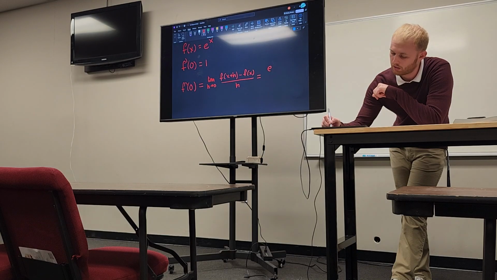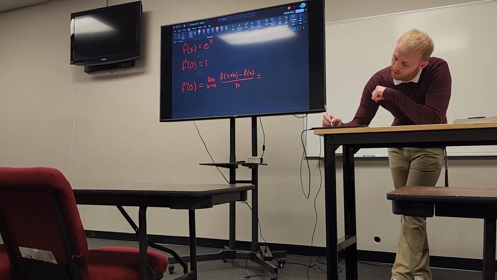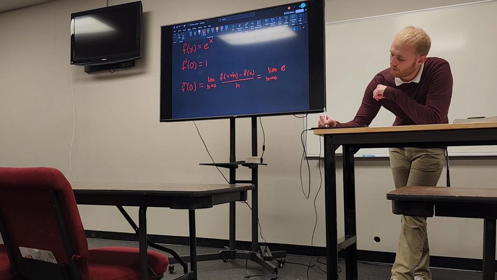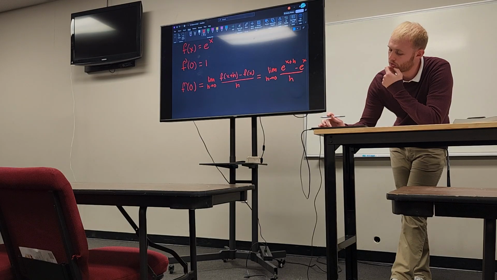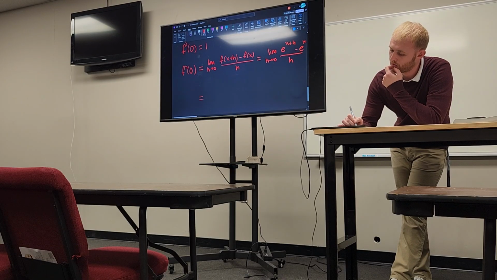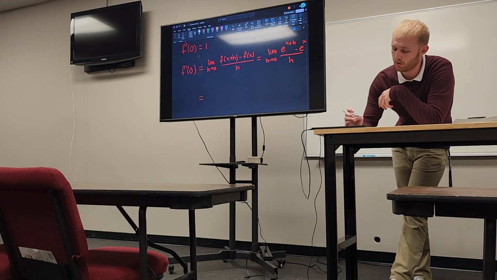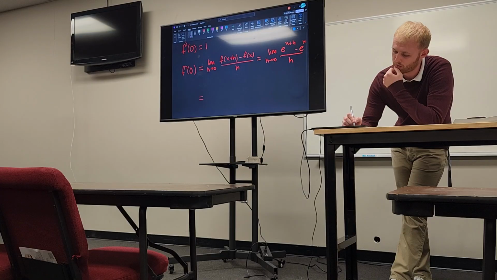So we would have the limit as h approaches 0 of e to the x plus h minus e to the x over h, which will equal, we're talking about 0 here specifically, so let's plug in 0 for x.